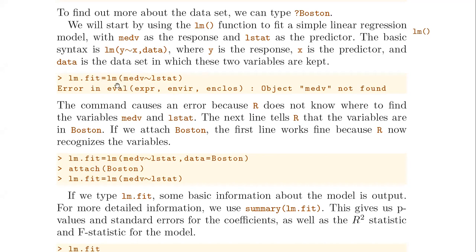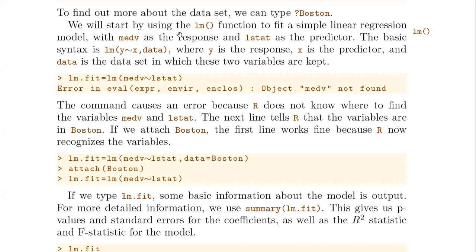One second. The book, okay, it's just defining it as an object. Remember, everything in R is some kind of object. So you can save your regression. They're using equals; I guess you're just varying the notation.